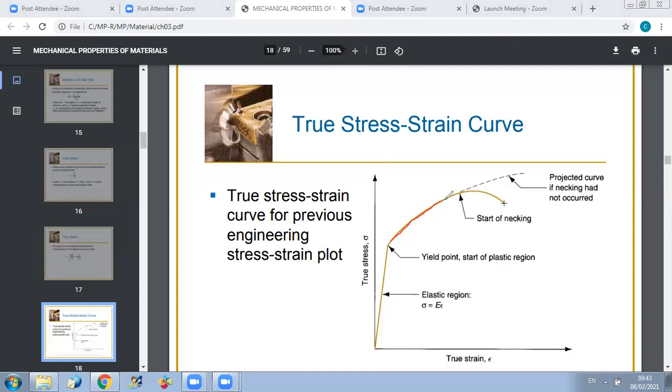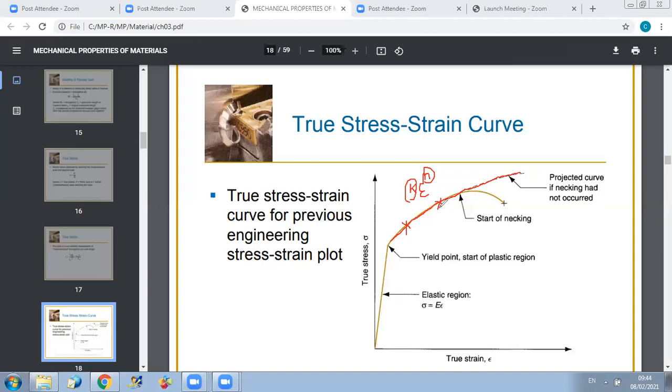This zone is called the flow curve, and we will learn together that its equation is of this form: sigma is equal to k times epsilon to the power n. Since we know the type of equation, we can find k and n graphically. We can determine 2 points of the flow curve and then calculate the corresponding values of k and n.